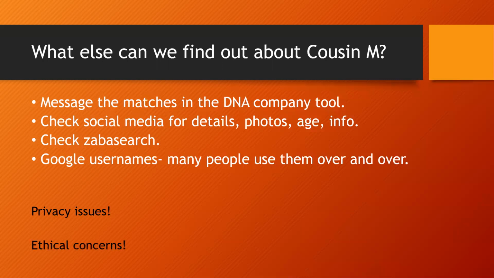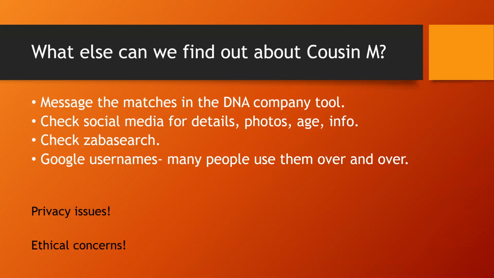Now remember, there are privacy issues and ethical concerns all along this roadmap. If you're working with someone who's adopted and looking for a bio parent, bio grandparent, unknown parentage event, misattributed parentage, any of those kind of things, you want to always press pause and think for a few minutes. Don't make a sudden decision to start emailing or contacting.